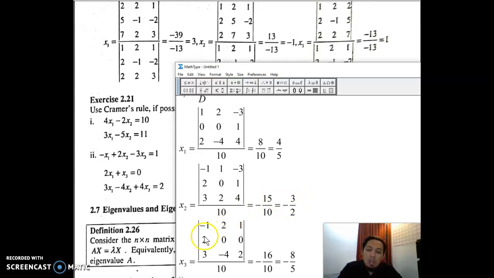And lastly, x3, as you can guess, is where B, 1, 0, 2, should go. I calculate the modified determinant, -16 to be accurate, so -16 over 10, which simplifies to -8 over 5. So that is Cramer's rule. That is how you calculate using Cramer's rule.